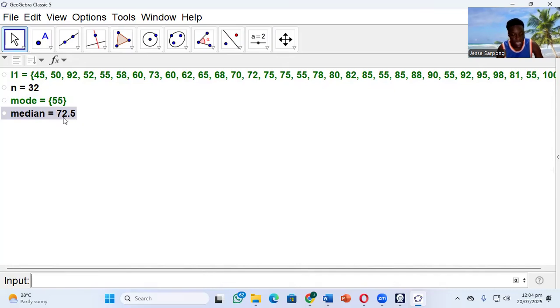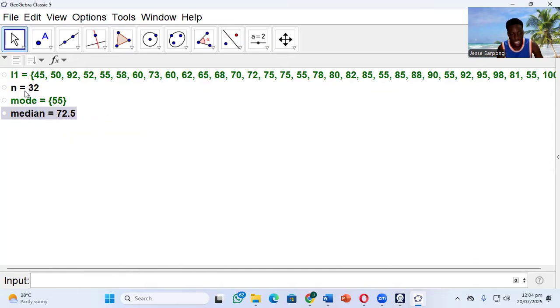The reason is that it was not a clear single number, it was two numbers. Since n here is even, you get two numbers as your middle numbers. Then you add these two numbers and divide by 2. That's why you are getting 72.5.